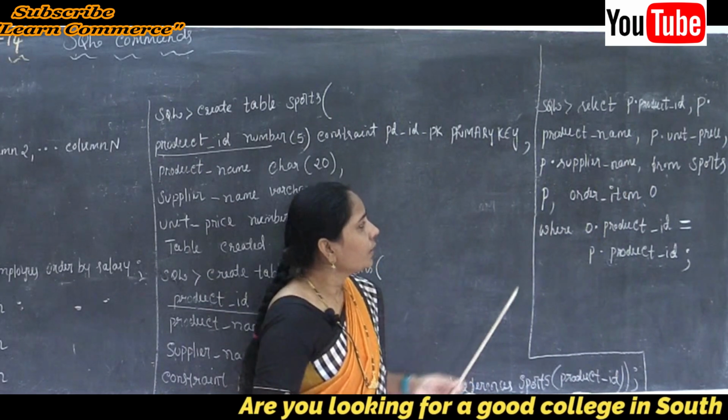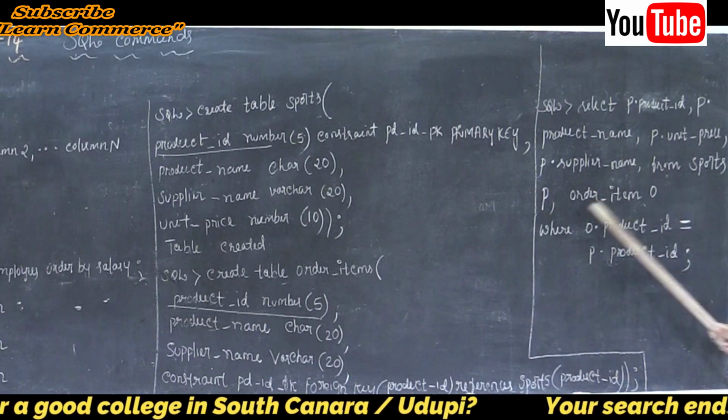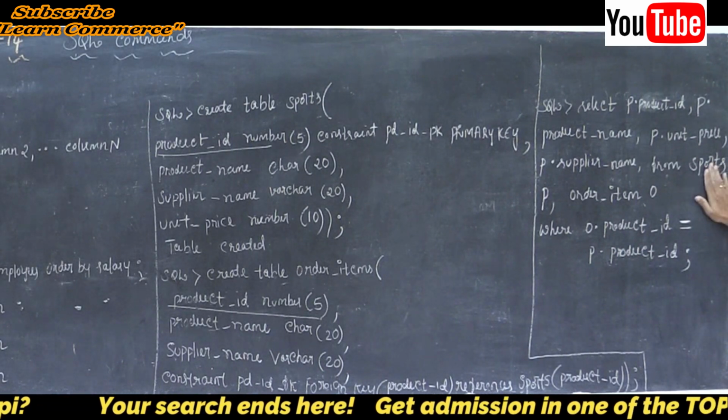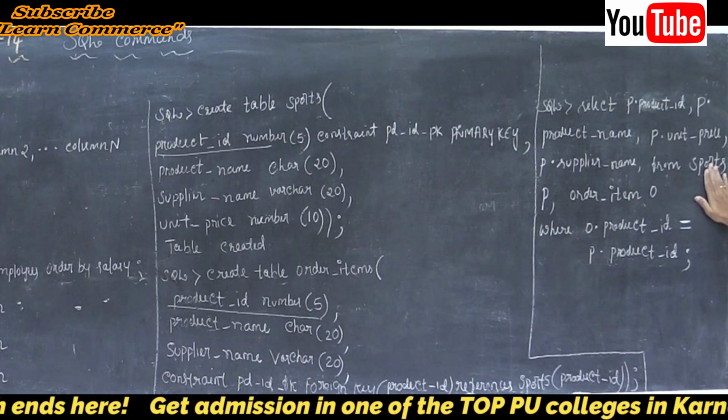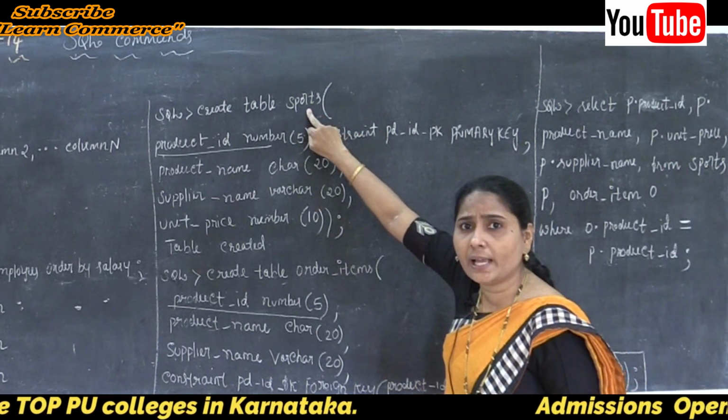Why? Because here for our sports table I used it just so, otherwise you can change this one sports. When you want to change it to product, here also you need to make the change to product only.